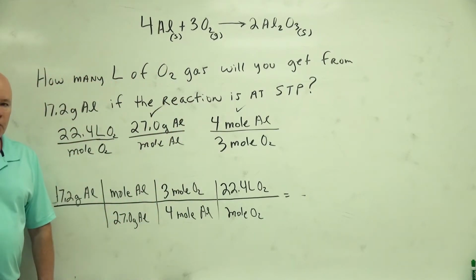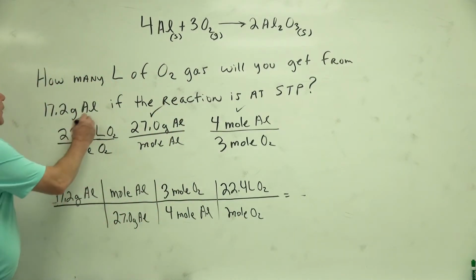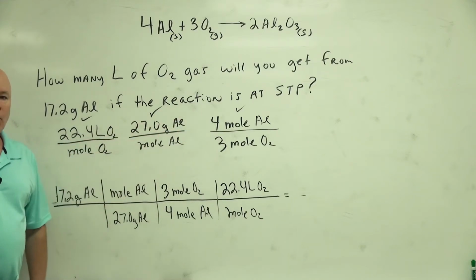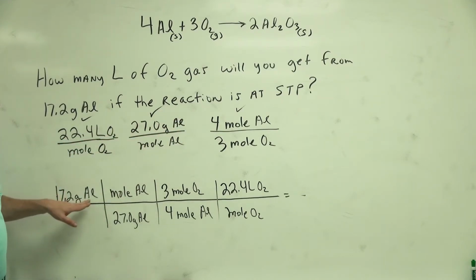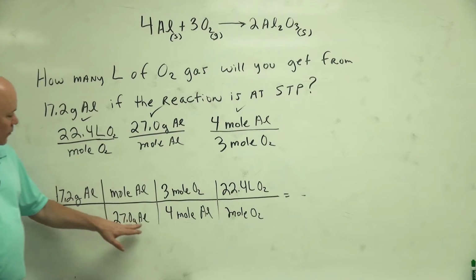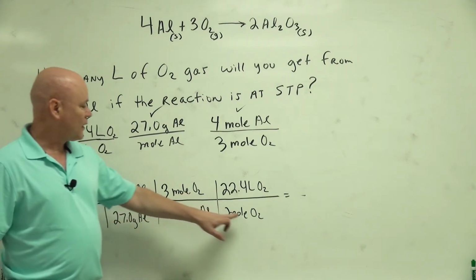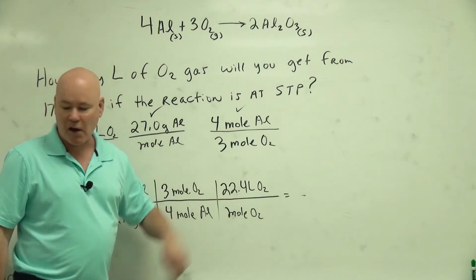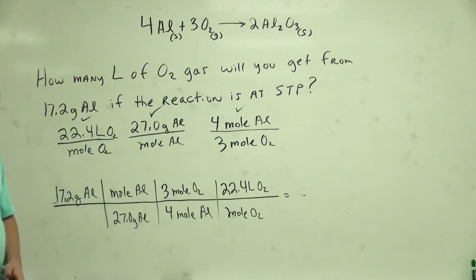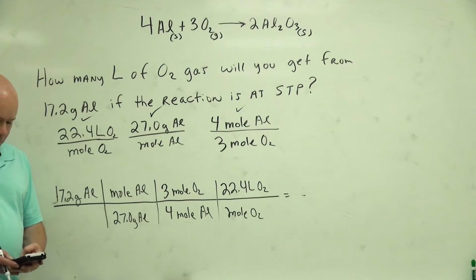Now, how do I know for sure that it's set up? Well, one thing, we only use our conversion factors once, and we can check and be sure we got grams aluminum. I have moles aluminum canceling moles aluminum, moles oxygen canceling moles oxygen. I end up with liters oxygen. So let's go ahead and put this in our calculator.